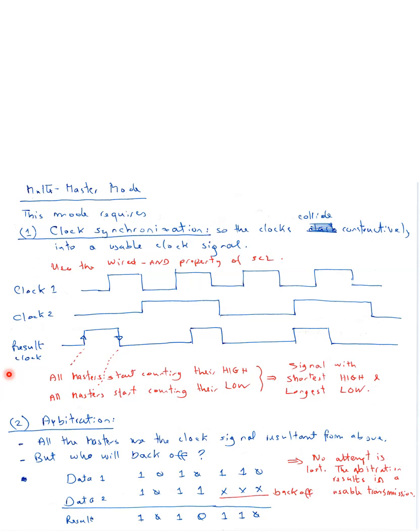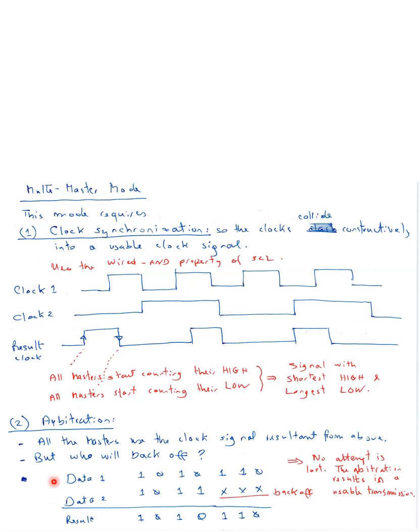Next, we're gonna look at the second scheme called arbitration. If two masters collide, who's gonna continue and who's gonna back off? This is the purpose of arbitration. They cannot communicate simultaneously, so one of them has to continue, and the other has to simply wait. Let's observe what happens here.